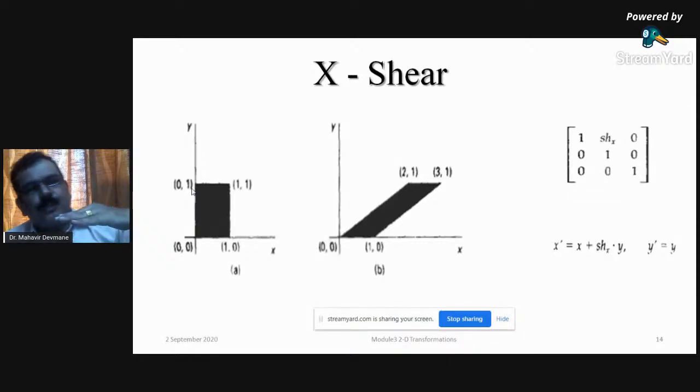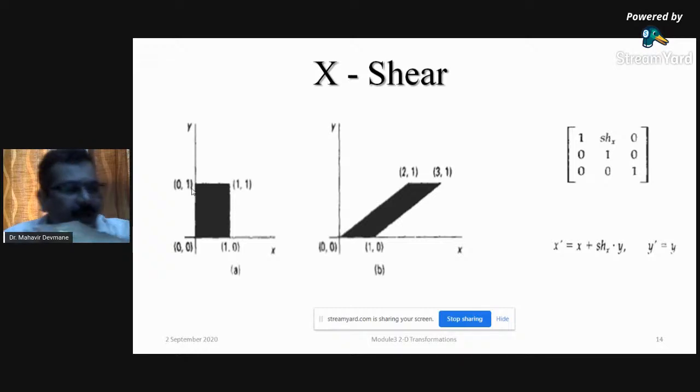The topmost paper sheets from the bundle will just slide. They'll slide more, and below that there are some papers, something like that. Till the bottom, the movement will be less, right? Just imagine that in the x shear, at the location 0, 1, you have applied this horizontal force. Because of that, this upper layer will go ahead.